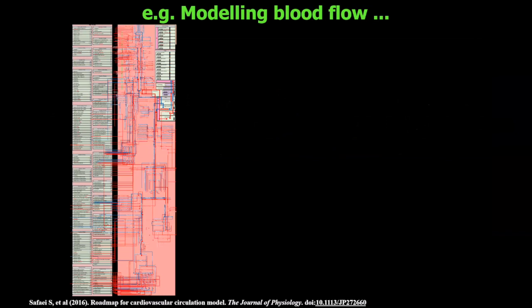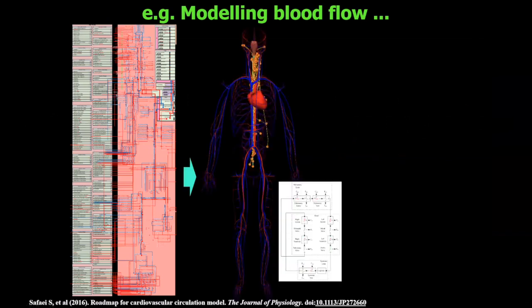So one example would be if we wanted to model blood flow at the higher scale. So we have all the blood vessels, the arteries and veins, coupled into all the organ models. And on the left here is shown all the coupling into the muscles of the body. And then we can display that in a three-dimensional context in the 3D body.